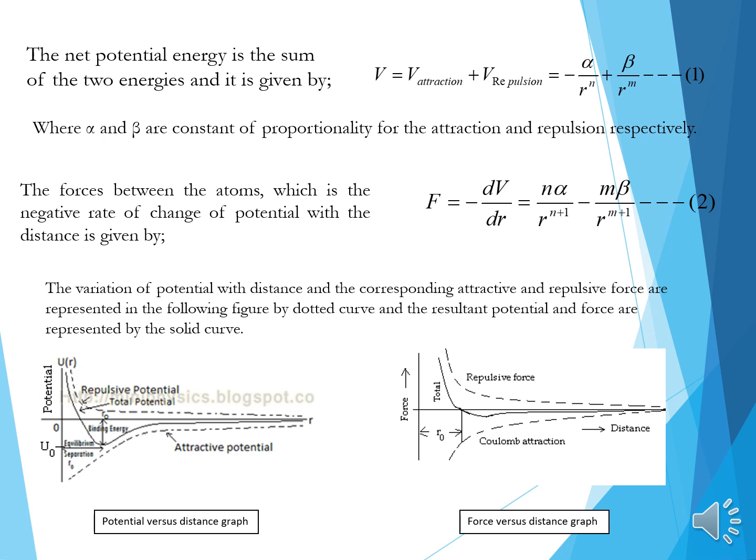Now, the variation of the potential with the distance and the corresponding attractive and repulsive forces are represented in the following graphs by dotted curves, and the resultant potential and force are represented by the solid curve. You see the solid curve is the resultant potential. Now, the repulsive forces are different as shown in the graph.